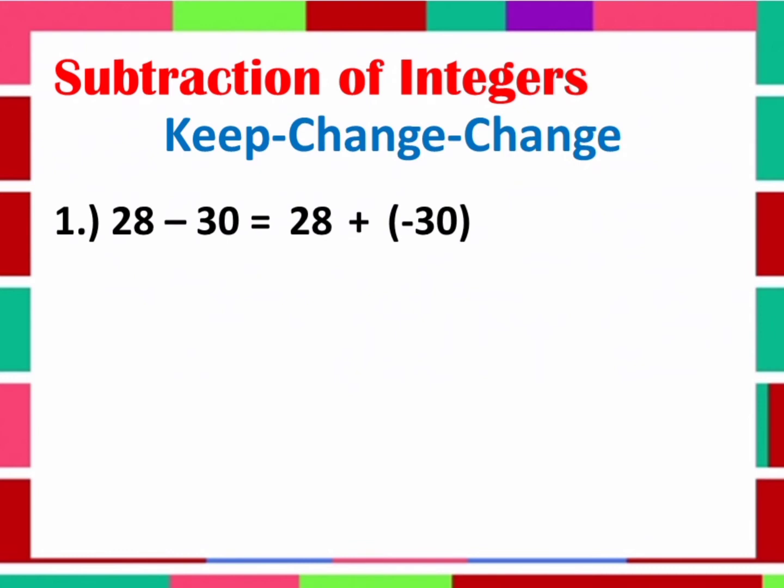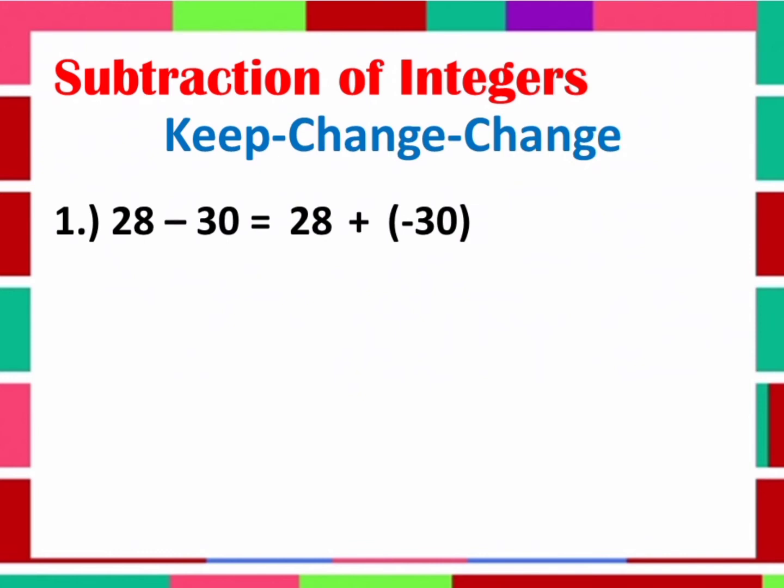Don't forget to put parentheses on the integer if the operation will be followed by an integer that has a negative sign to avoid confusion. Ulitin ko, lalagyan natin ng parentheses ang number na may negative sign kapag ang sinusundan niya ay operation para maiwasan nating malito o magkamali. Now, let's go back to the given.